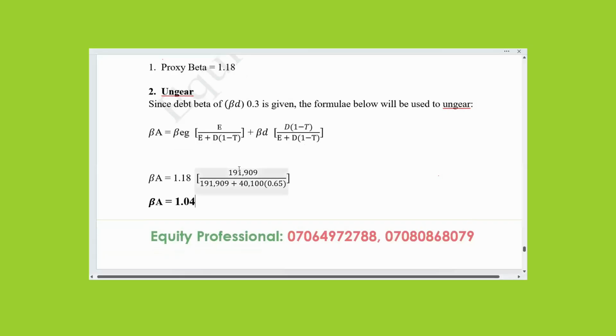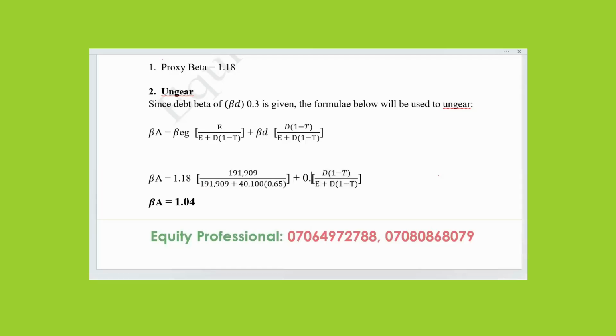All of what you have here will still remain the same. The only thing that will change is this additional one here. So plus the debt beta, according to the question, is 0.3. Debt value of the proxy company is 40,100. 1 minus tax rate is 0.65.